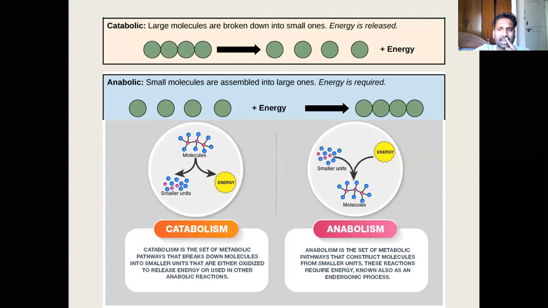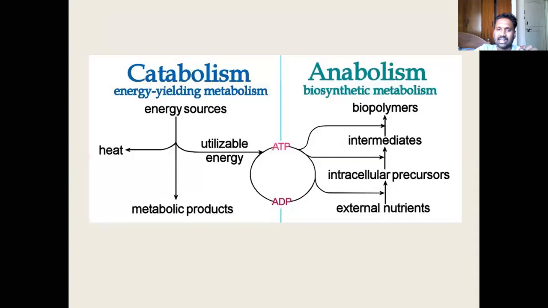But there is something connecting these two pathways. This is very important. A cell, of course, has independent catabolic and anabolic pathways. There is no doubt. But there should be a connector between them, and that connector is this ATP.